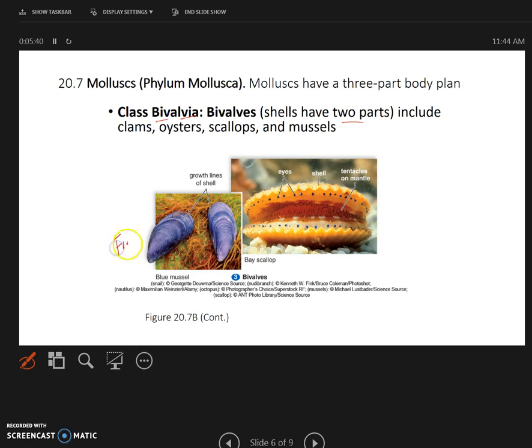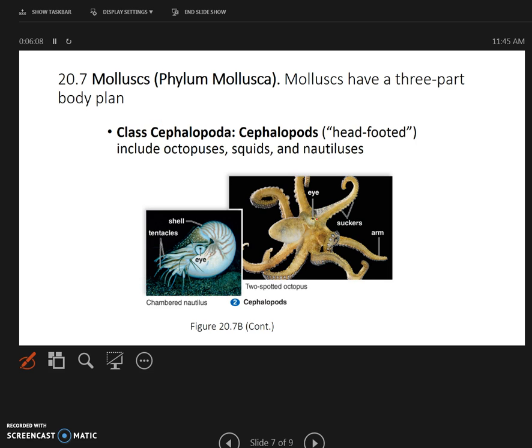Don't forget, you came across the word filter feeder with the sponges, right? So filter feeders circulate water through the body, and as the water circulates, they trap any food particles. The food particles and water enter through the mantle cavity, and the water is thrown out through the siphon.